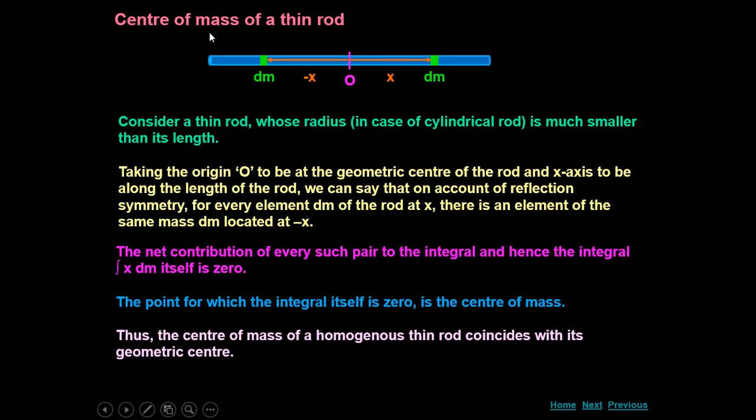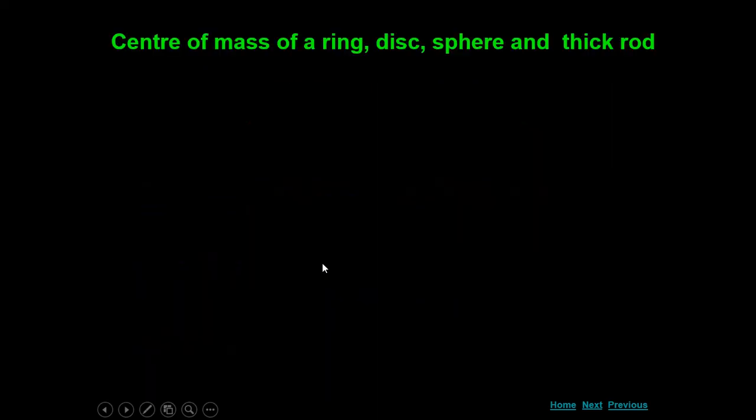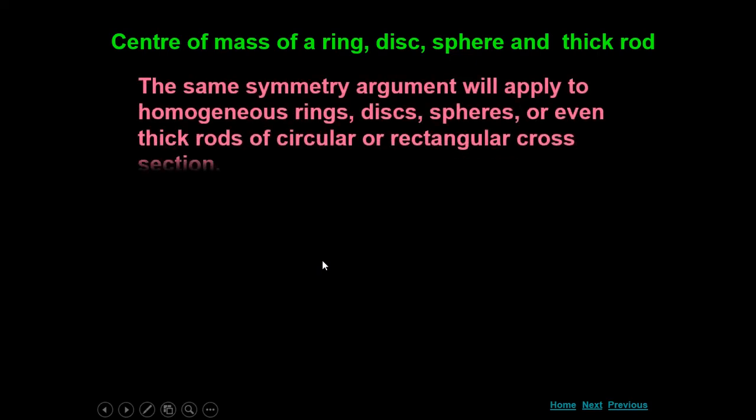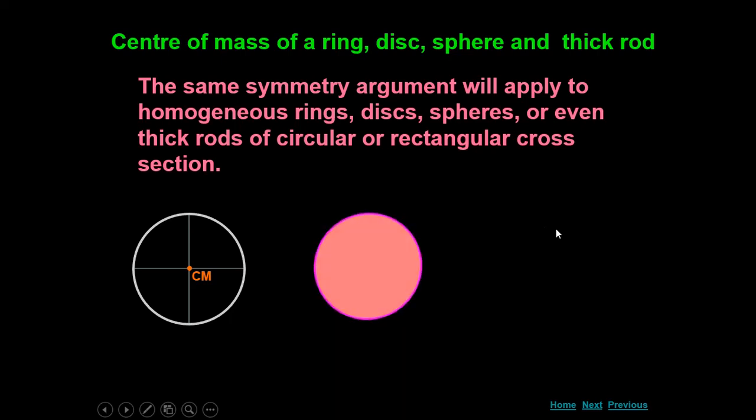So this is all about the center of mass of a thin rod. Then the center of mass of a ring, disc, sphere, thick rod. I can show you some diagrams. This is a circular ring, and exactly at the center you will have the center of mass. All these materials are made up of homogeneous material.